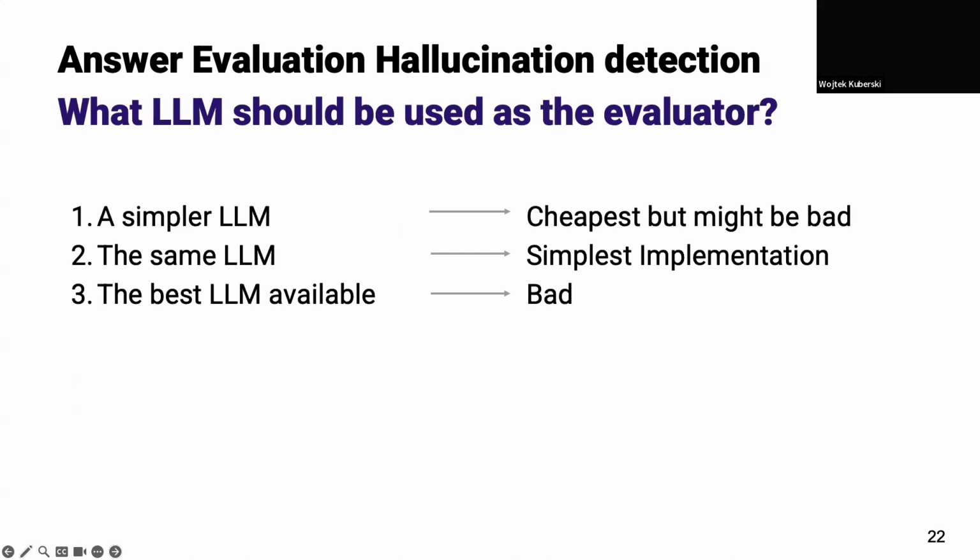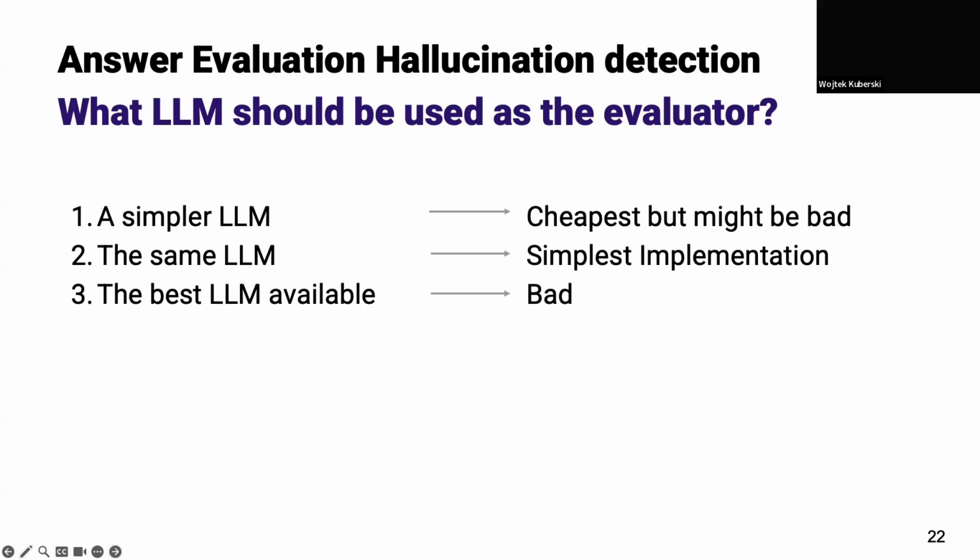In terms of the moving parts of this algorithm, there's really only one, which is which LLM. Actually, there's two. One is the prompt, but I'm going to skip the prompt engineering here because it's quite a complex topic and it's covered very well in the paper. And another moving part here is what LLM should we use as the evaluator. So we could use a simpler LLM, something that's really small, maybe one of the 7 billion parameter LLMs.